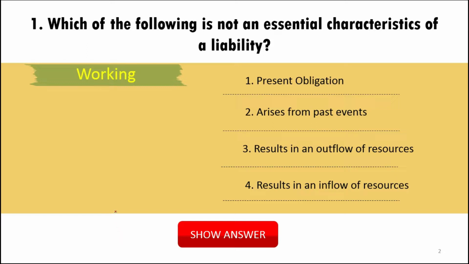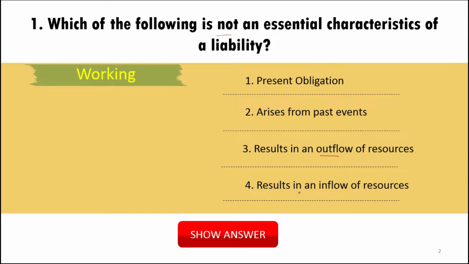The first question is, which of the following is not an essential characteristic of a liability? A liability has a present obligation, yes. A liability arises from a past event, yes. A liability will result in an outflow of resources, yes.